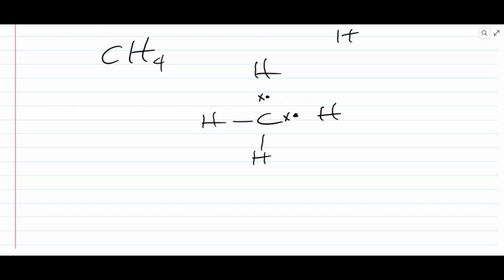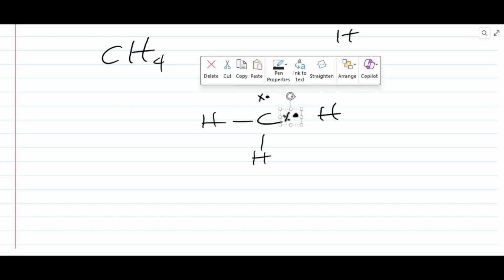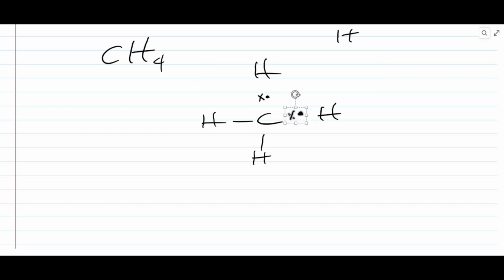We use cross for the carbon atom, and then we use dot for hydrogen. You can use it any way you want. Okay, and so let's convert this one to electrons as well. So this one is going to be cross and dots, and then this will be another cross and dots.